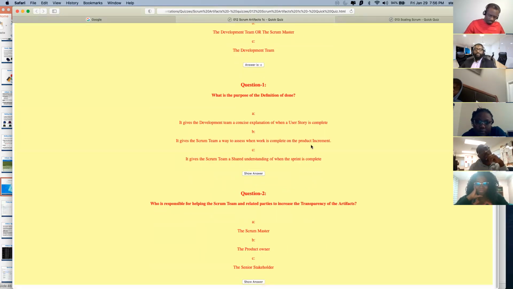Okay, next one. What's the purpose of the definition of done? A, it gives the dev team a concise explanation of when the story is complete. B, it gives the Scrum team a way to assess when work is complete on the product increment. C, it gives the Scrum team a shared understanding of when the sprint is complete.